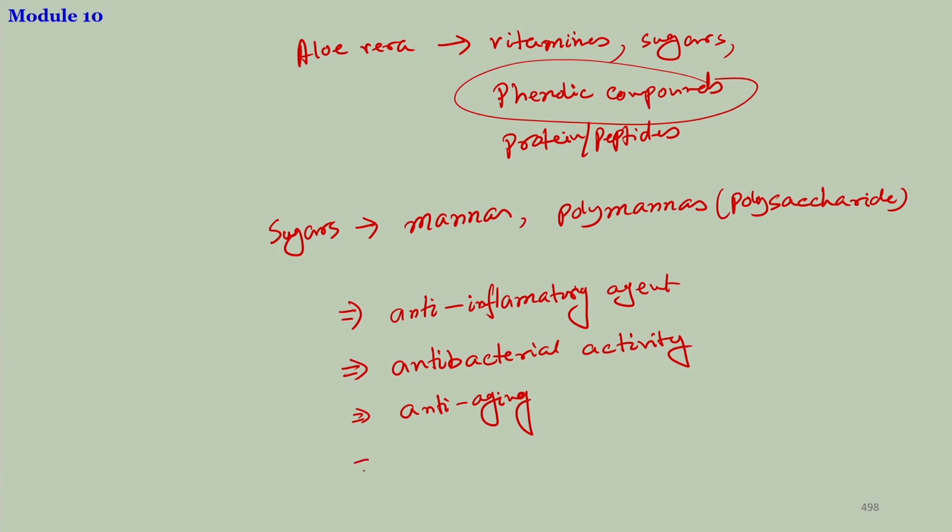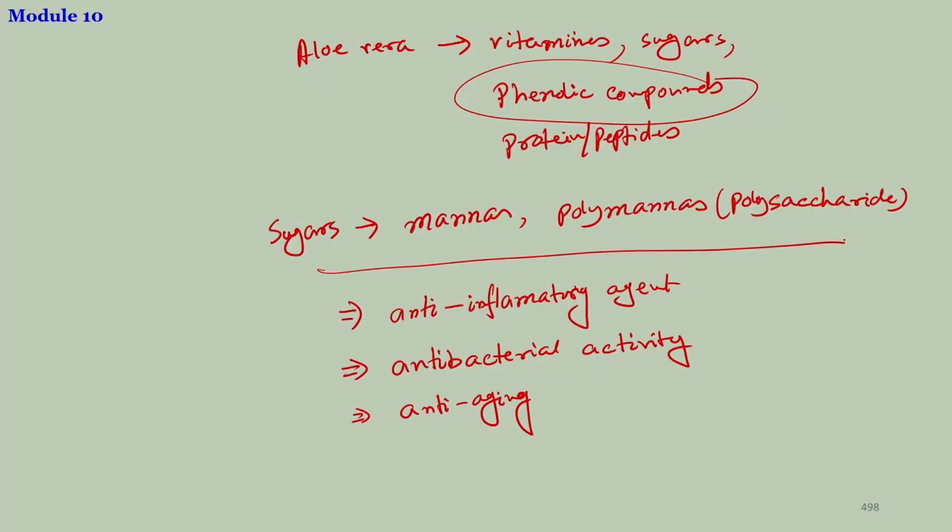And nowadays people have started thinking that it might have some anti-tumor activities also, but not sure though. Okay. So, these are some of the properties of aloe vera that are well known, and why I am talking about this is these sugars, because of these polysaccharides present there.